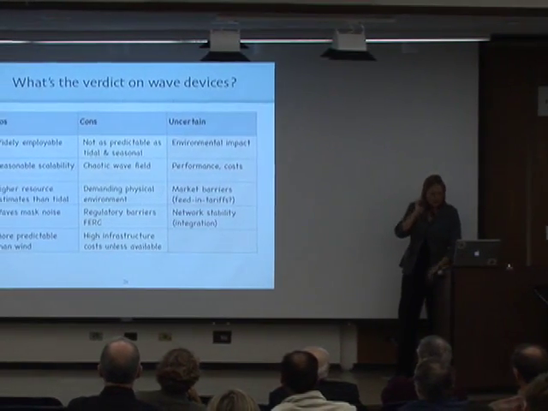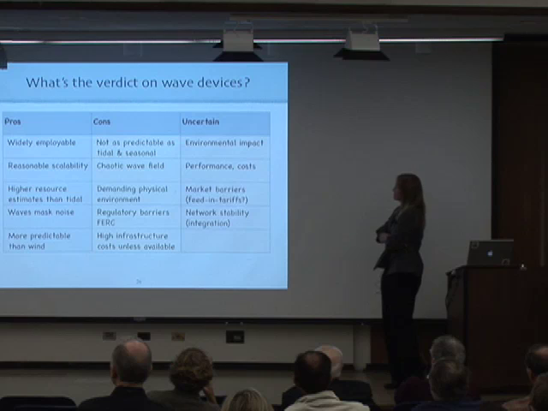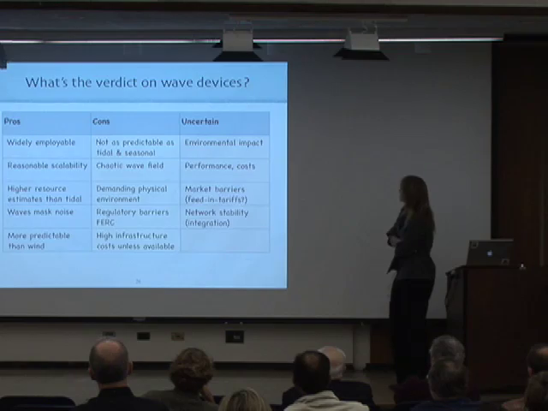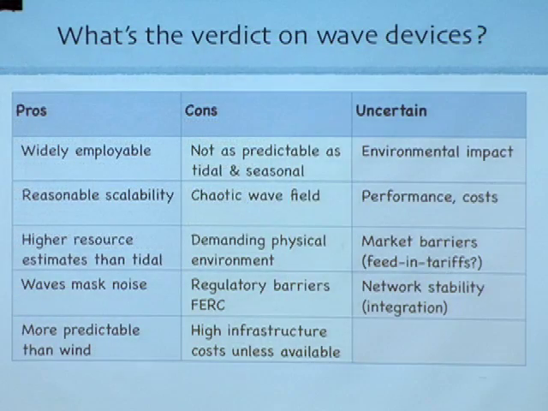Okay, so just putting together some comments for the wave devices, some pros and cons and some uncertainty. So I think one of the pros is certainly that these wave devices are very widely employable. You can go offshore, you can put it basically anywhere. If you have point absorbers, you can put them scattered around offshore, out of sight. There's reasonable scalability.